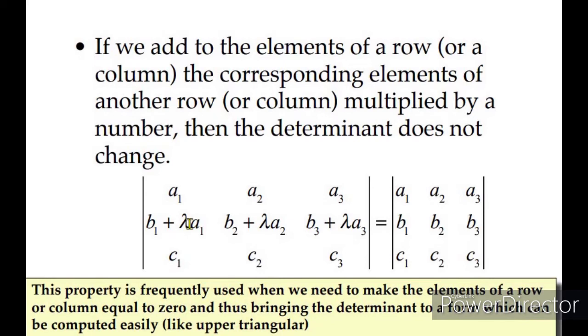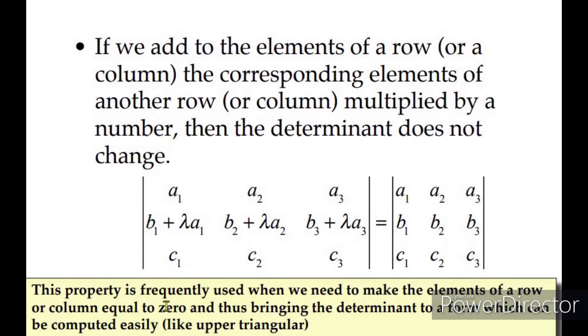Then the product is added to the elements of the second row, which are b sub 1, b sub 2, b sub 3. If we do that, the determinant does not change, because as you notice, it is equal to this determinant of a matrix.